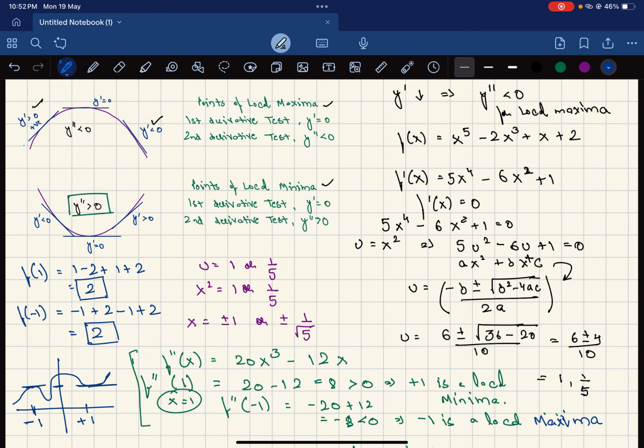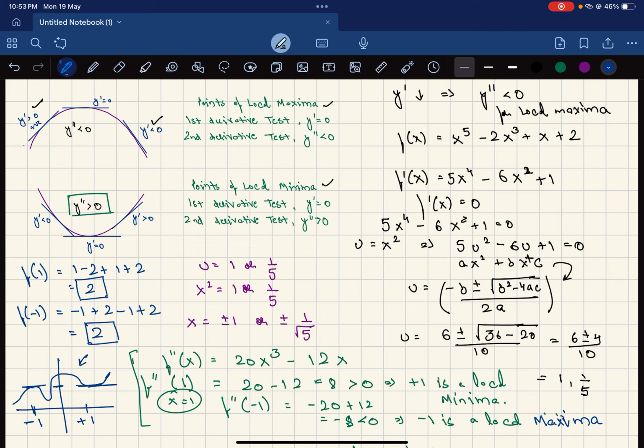So although the value of the function is equal at x equal to 1 and x equal to minus 1, the value plus 1 in this case is a local minima, while minus 1 is a local maxima, and this can happen in such a particular graph here.